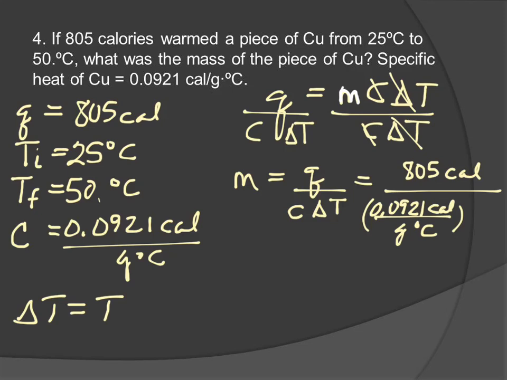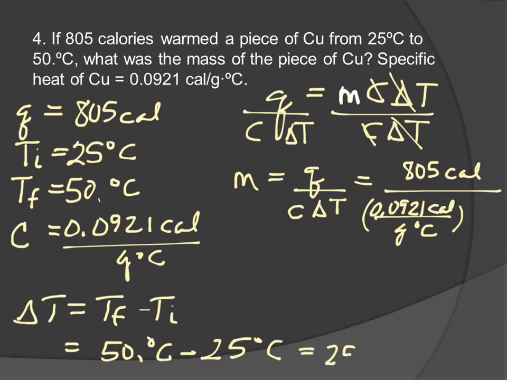Delta T, T final minus T initial, so that's going to equal 50 minus 25, which is 25 degrees. Both of those have uncertainty in the ones place, and so this has uncertainty in the ones place.